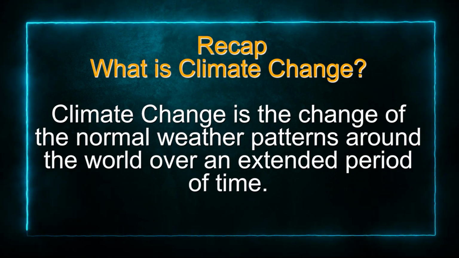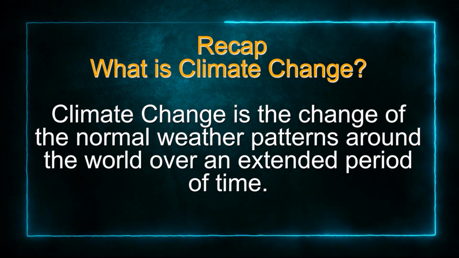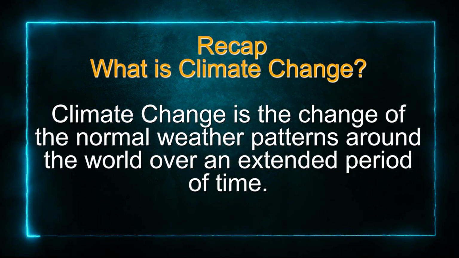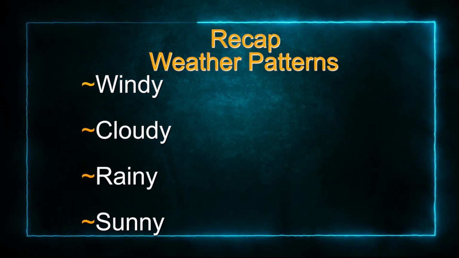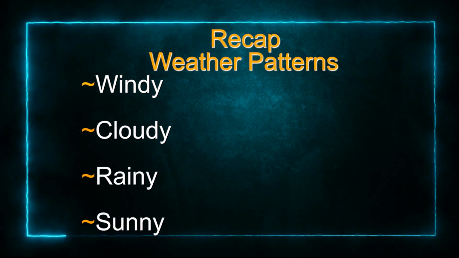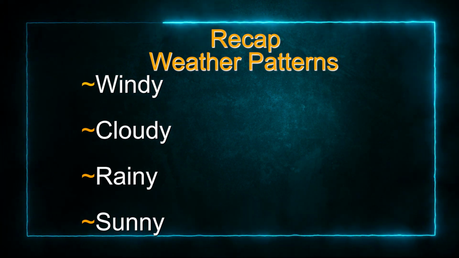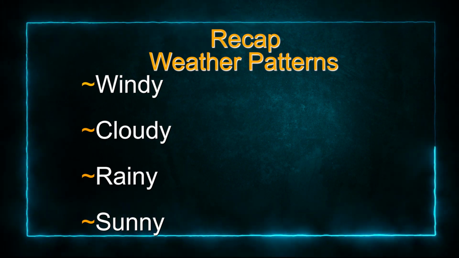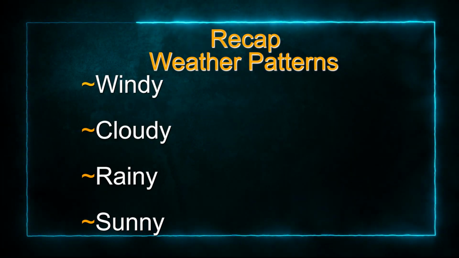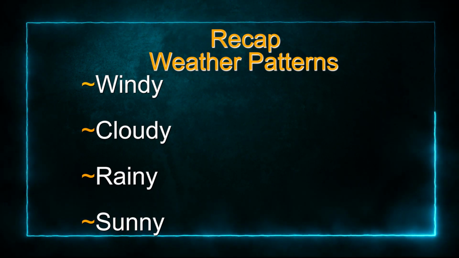Climate change refers to the change of the normal weather patterns around the world over an extended period of time. And weather patterns simply refer to the type of patterns that weather presents. And so what are those? Windy, cloudy, rainy, and sunny. These are the weather patterns that Guyana experiences across its natural regions.